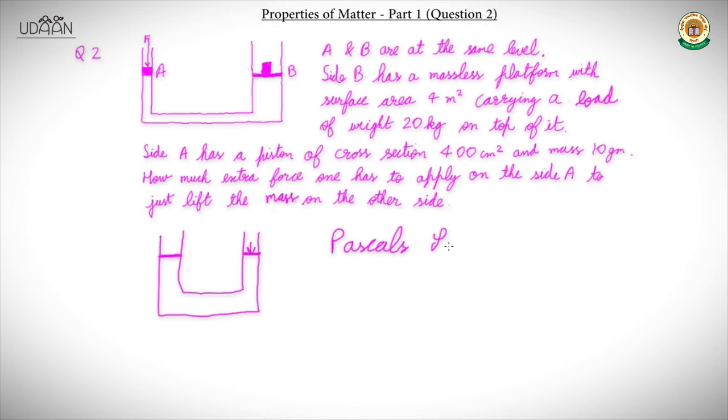So Pascal's law says that if a force F1 acts on an area A1 on one side of the liquid, it would be equal to a force F2 which is acting on another part which has the area A2.